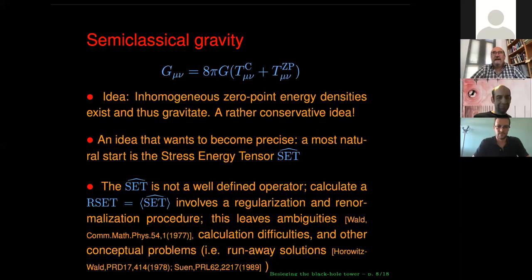The idea is that in gravity there are vacuum polarization effects, which are similar to what happens in other theories, like electrodynamics. But then you have this idea that I signal here with this zero-point contribution. What you try to do with semiclassical gravity is to maintain the idea that you have an effective metric.